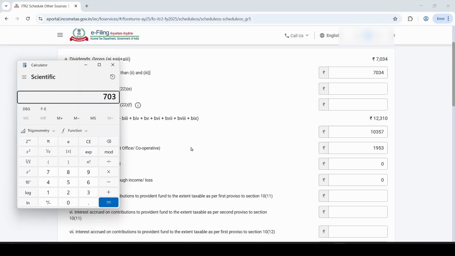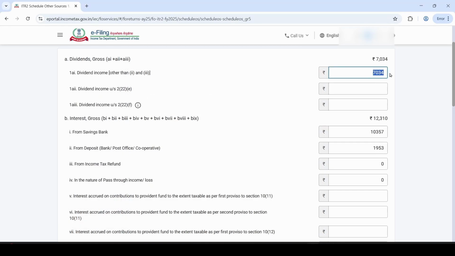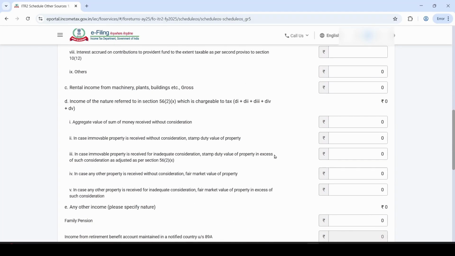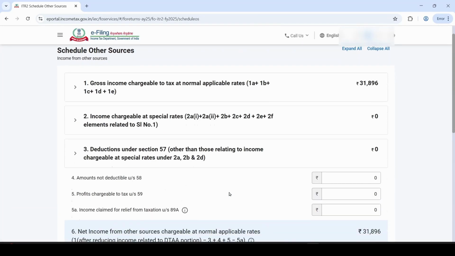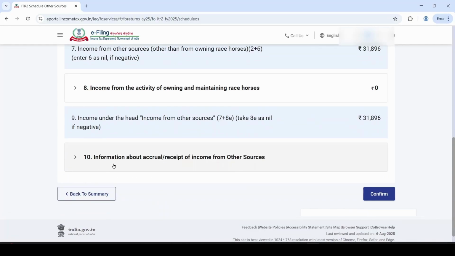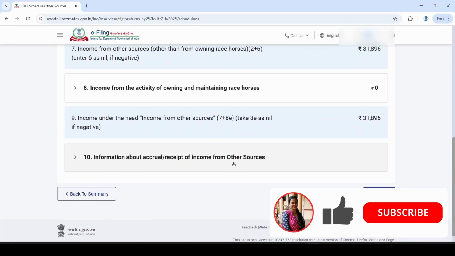So in Indian dividend we will add foreign dividend. Now it is 19,586. So we will mention here 19,586. Click on save.